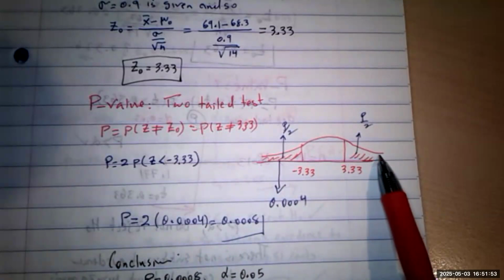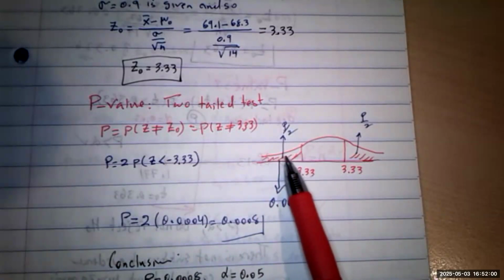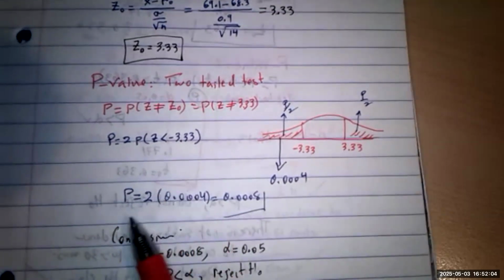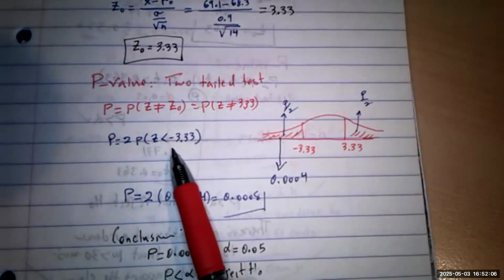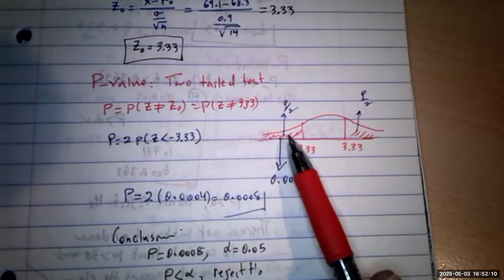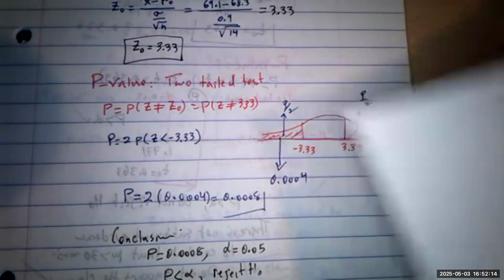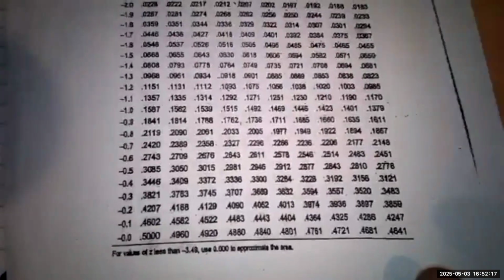So find the area to the right or the area to the left, and multiply by 2. Area to the left is easier because we can easily read it from the table. So you are going to find twice the probability that Z is less than negative 3.33. So you go to the table and find the area that corresponds to negative 3.3. You see?